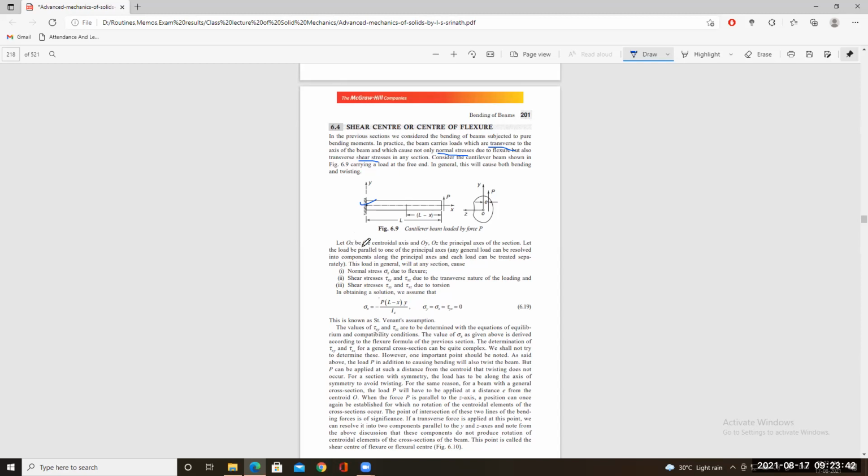Now the point O is merged with the centroid of the cross section itself. OX is the centroidal axis, and OY and OZ are defined as the principal axes of the section. It means that along these axes the major or minor principal stress is acting.